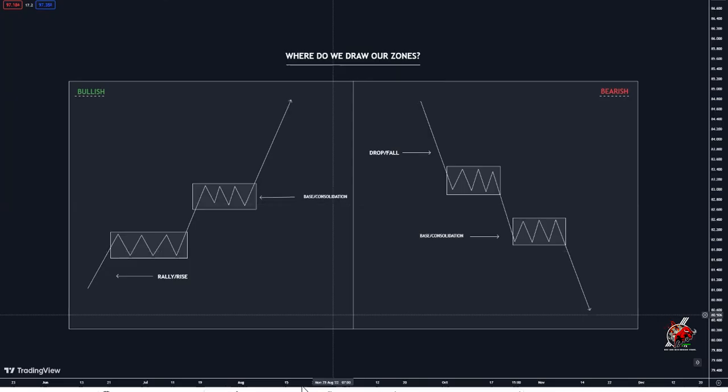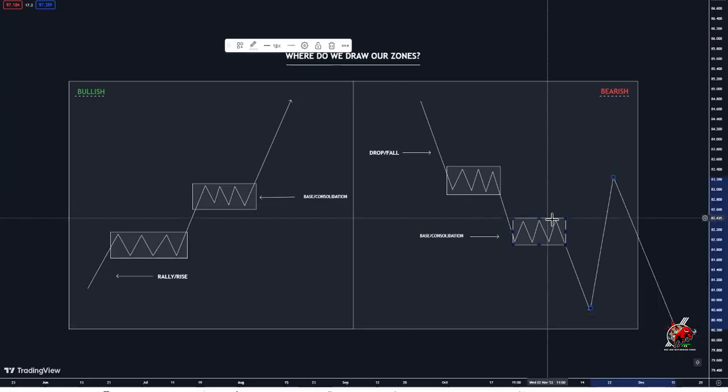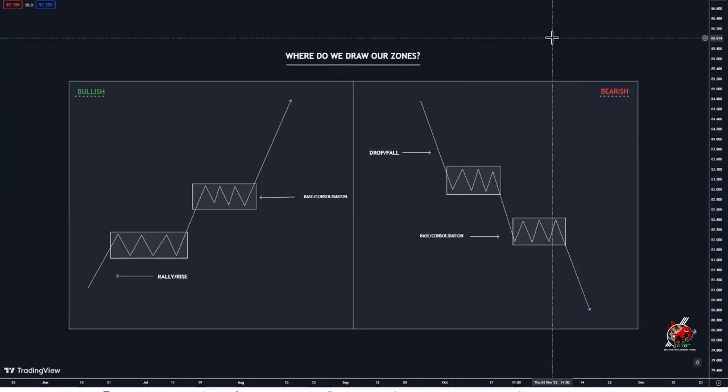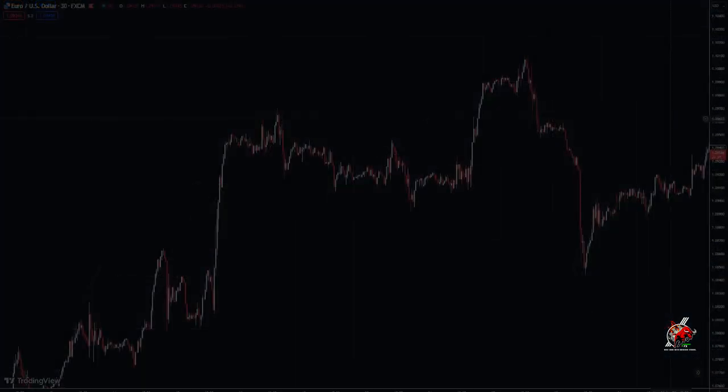You're gonna go for what? For an extreme base, and then just like that, right here will be our inducement, which is what? Liquidity. And then we can simply put it this way, our golden zone, right?